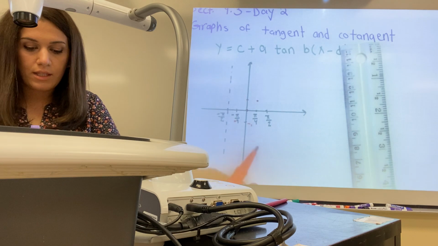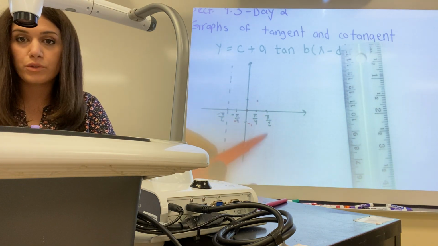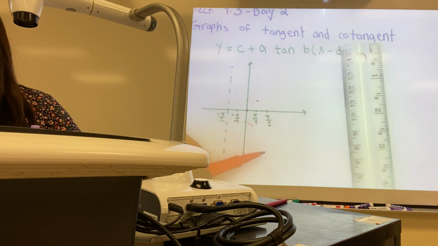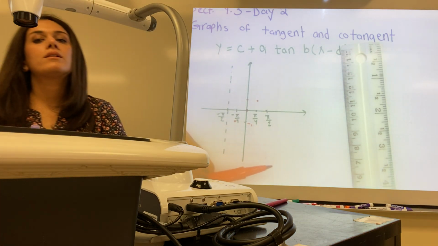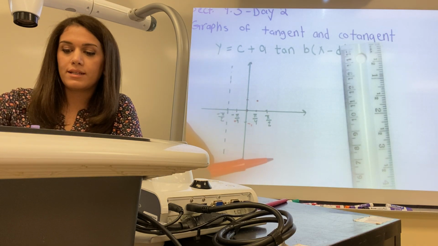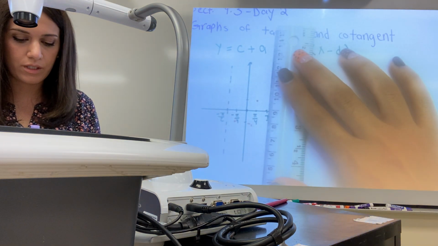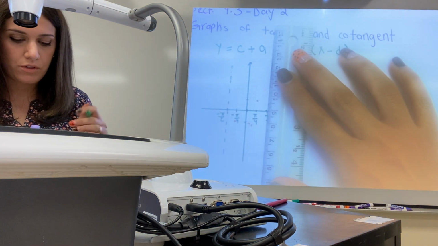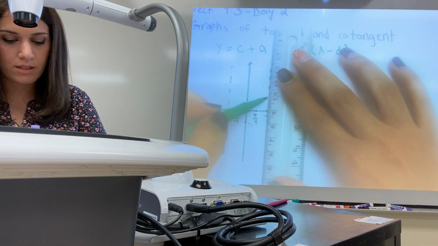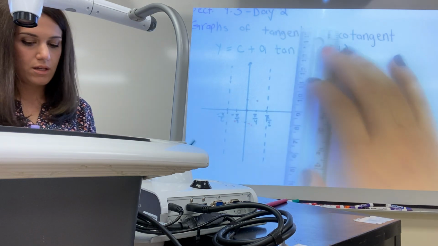Okay. Next, when the x value or the angle is pi over 2, looking at the point in the unit circle, you will see it's 0, 1. So you will be dividing, again, 1 divided by 0, and that is undefined. Again, I'm going to do this vertical line, and we'll say that this is the vertical asymptote, right?